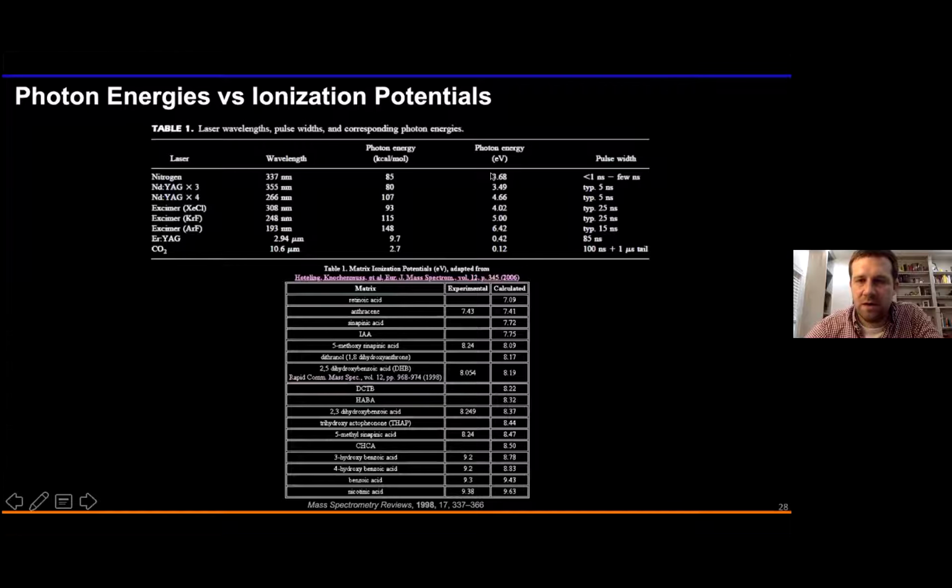And you can see they have single photon energies of roughly 3.5 eV or so. You can see in this second table down at the bottom that a lot of the MALDI matrices are around 8 to 9 eV in terms of their ionization potential. So a single photon is not going to cause them to become charged and ionized and allow us to detect them in the mass spectrometer. So we need multiple of these pooling events to pool together enough energy to ionize this matrix.